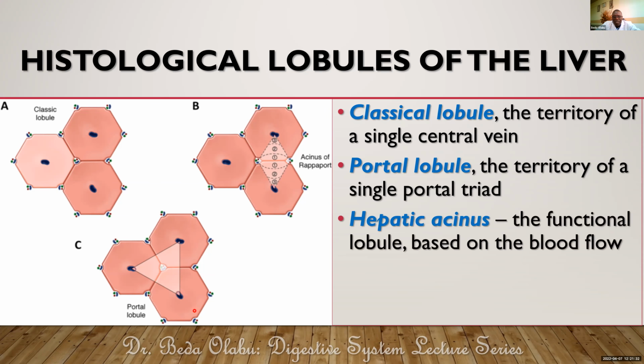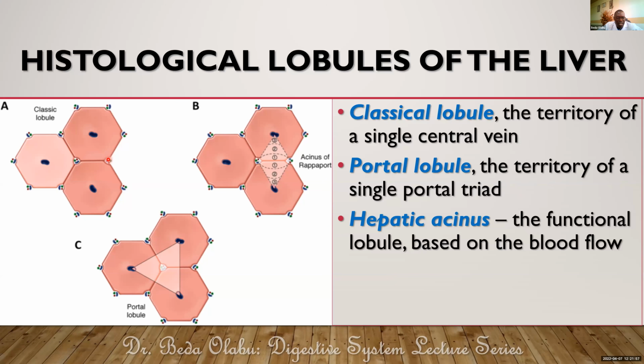The last one is called the hepatic acinus. The hepatic acinus is considered the functional lobule of the liver. And this one is based on blood flow through the liver. Now let's look at how blood flows again. So from this one, blood flows that way, or that way, or that way.